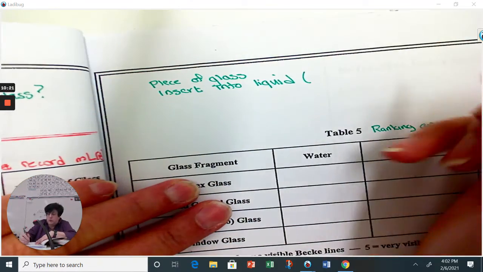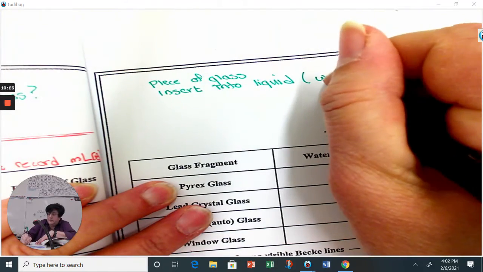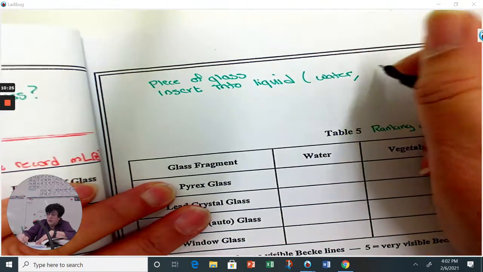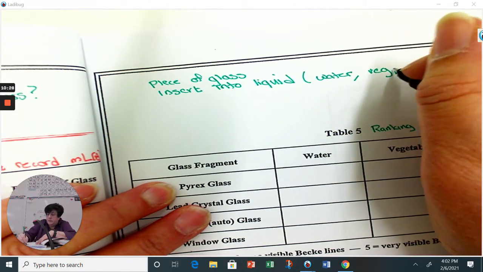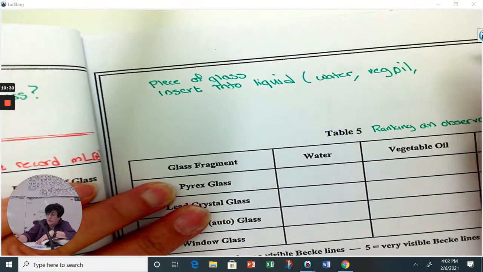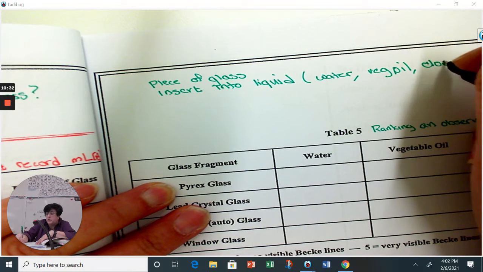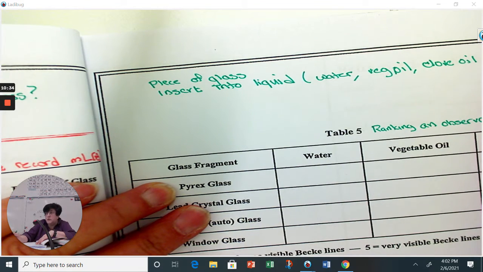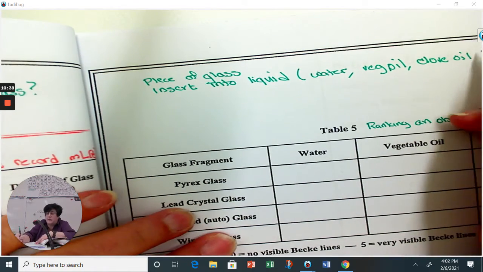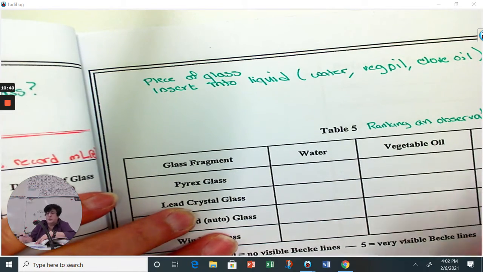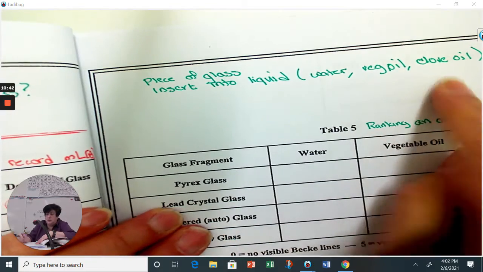So 3 different liquids: water, veggie oil, and clove oil. And I'm actually going to have to use 3 pieces of glass of each kind of glass, because I don't want to cross-contaminate.